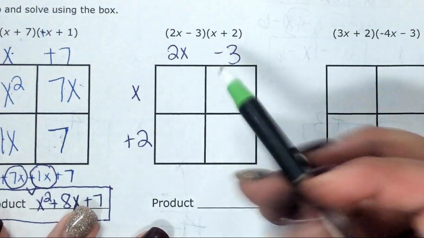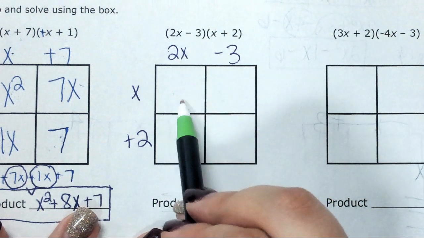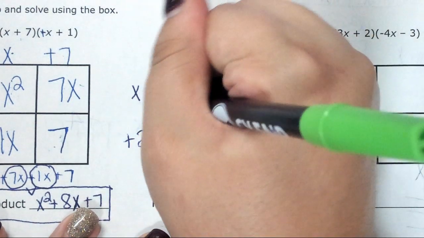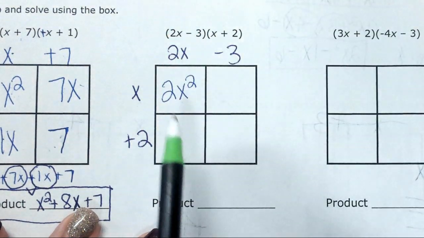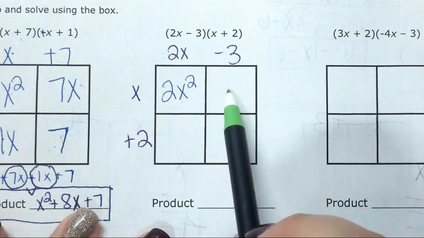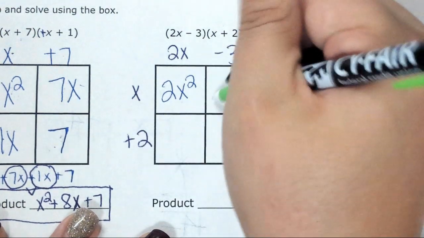Okay. Now again here, we go up and then we go over. 2x times x is 2x squared. And a little hint, this box is almost always going to have a squared in it. For here, negative 3 times x.